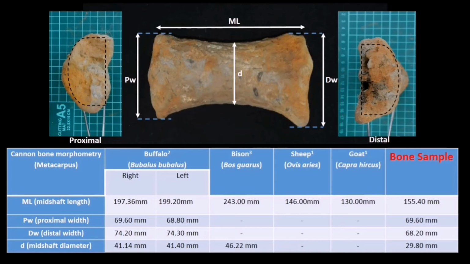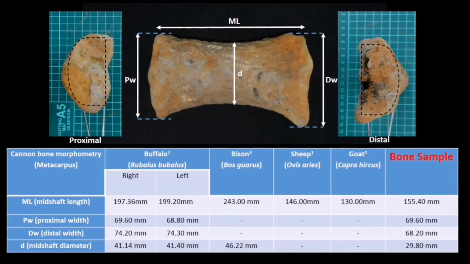This is the dimension that I mentioned to you. Look at the bone sample. The midshaft was 155.4 mm. The proximal width and distal width are almost the same, 69 and 68. And the diameter was 29.8. Compared to buffalo, buffalo looks larger.